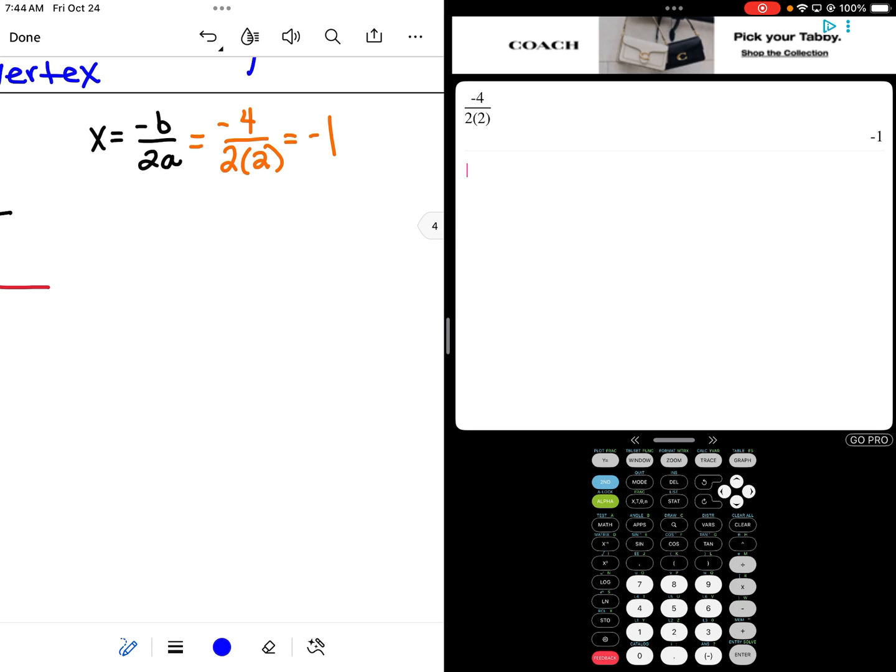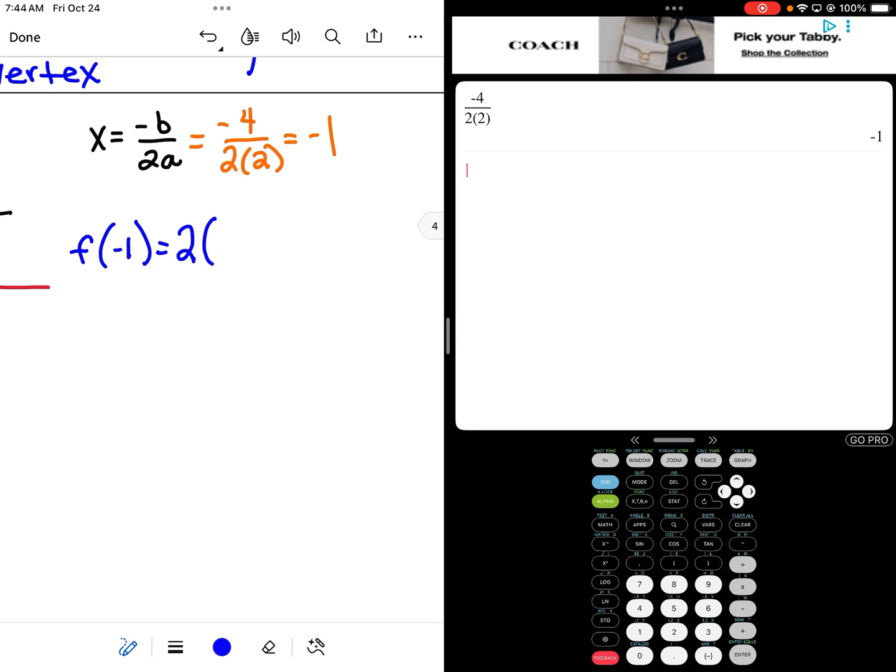And then we need to plug the x into the equation to find out what the y value is. So f of negative 1 equals, and f of x is the same thing as saying y equals, but it specifies what x is. x is negative 1.